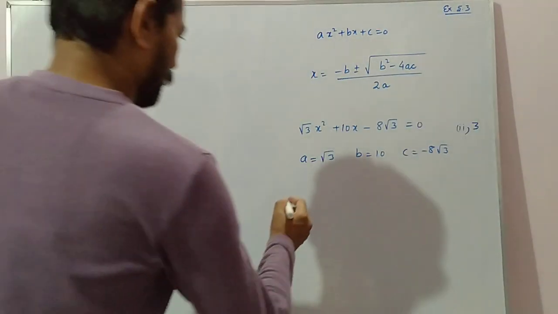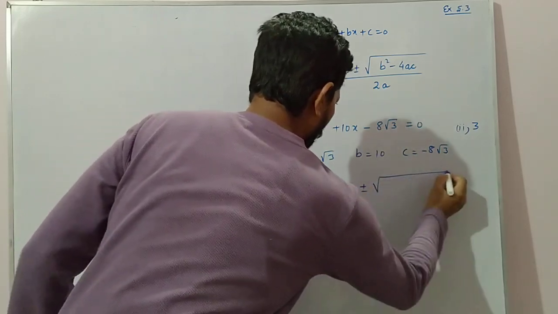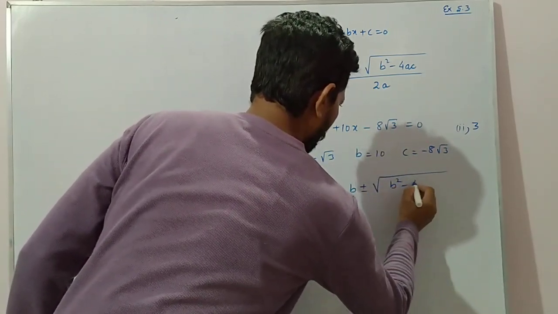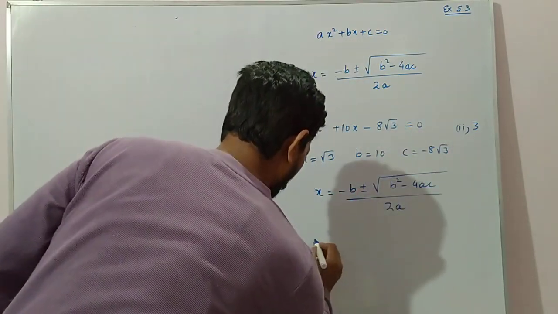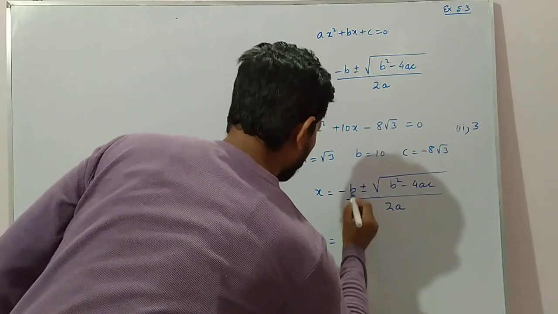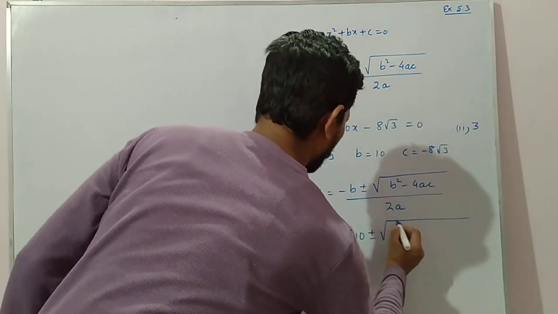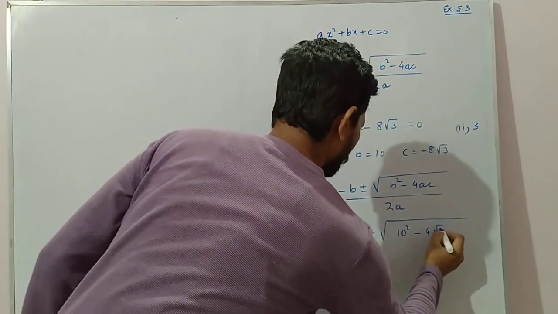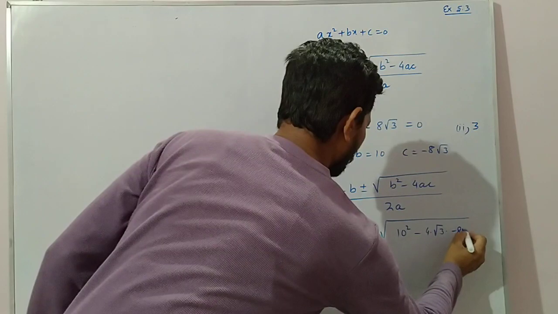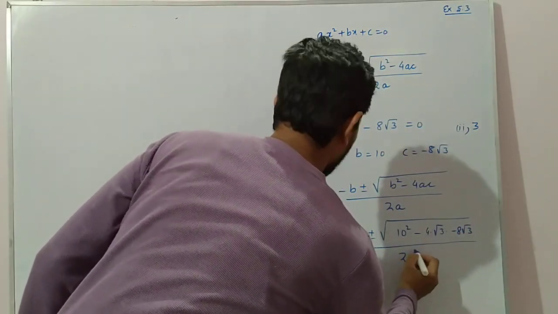Okay. So x equal to minus b plus or minus root over b square minus 4ac by 2a, or x equal to minus b, that is 10, plus or minus root over 10 square minus 4 into a, that is root 3, c is minus 8 root 3, by 2a, that is 2 root 3.